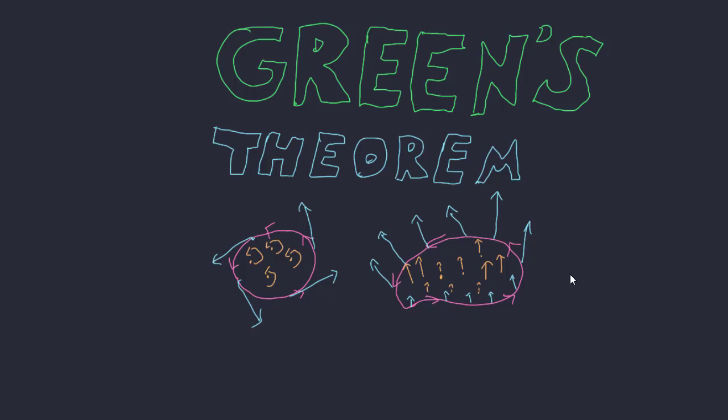Alright, hello class. In this video we're going to be talking about Green's theorem, and Green's theorem connects a lot of the ideas that we've done in this class completely. In shorthand, it's connecting divergence to flux and curl to circulation.